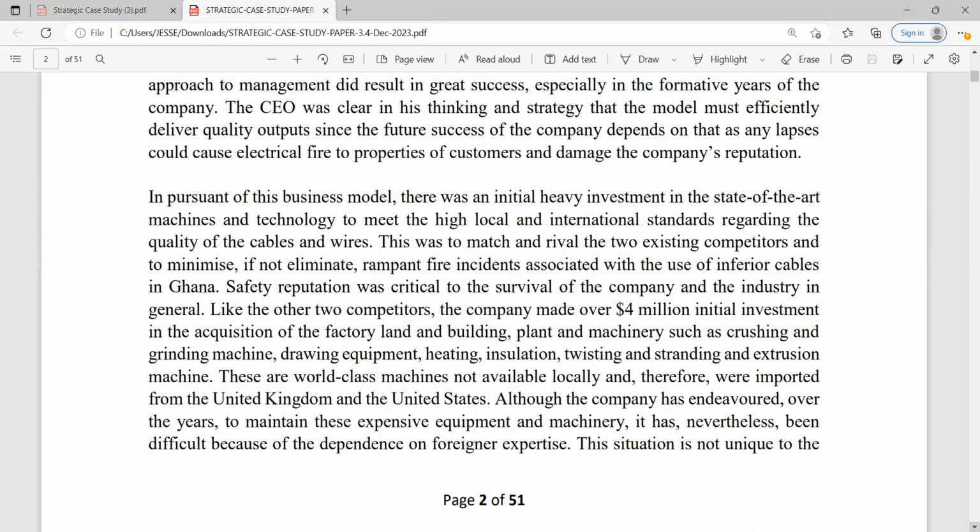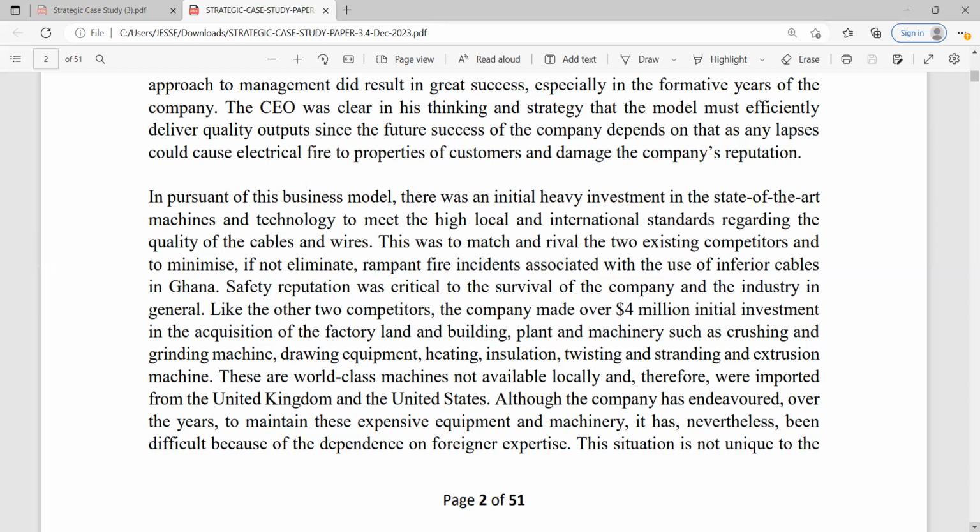when we talk about a business model, you might have heard the term business model. What is a business model? A business model is simply a system that is designed by a business, which shows the business how it intends to translate inputs into outputs, how it intends to translate raw materials into finished products.